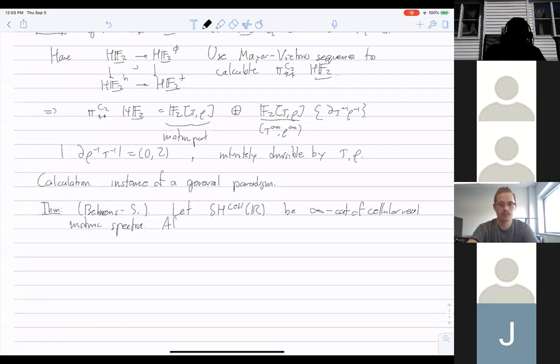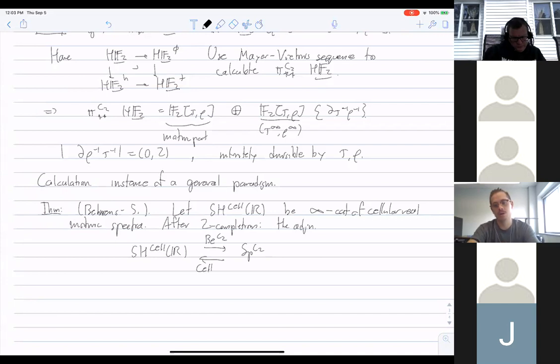Then after 2 completion, the adjunction between SH cell R and C2 spectra, where the left adjoint is C2 Betti realization and the right adjoint is the cellularization of that functor Sing C2 from before, is a smashing localization.